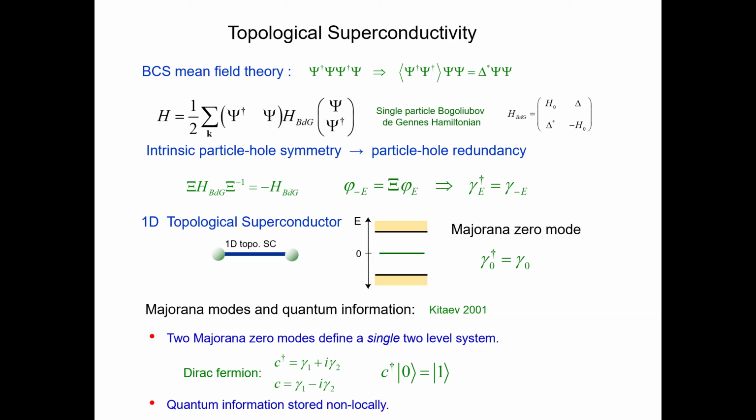So these states are the magical Majorana zero modes. The magical thing is the redundancy I told you about: adding an electron into a Majorana zero mode does exactly the same thing as removing an electron. How could that possibly be?